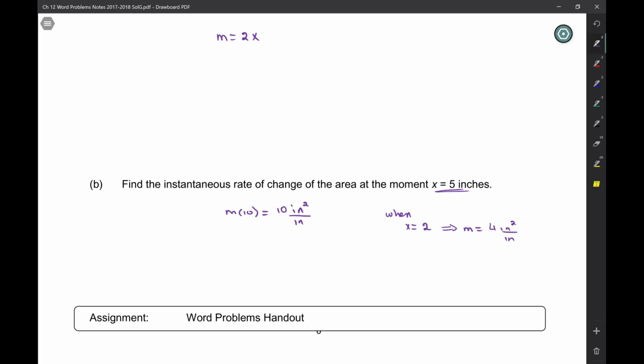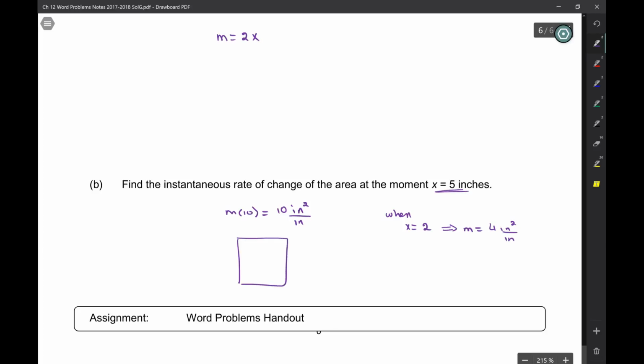When x is equal to 2, it's increasing at a rate of 4. What does that mean? Let's draw some squares here. When they're 5, it's increasing at a rate of 10. When the sides are 2, it's increasing at a rate of 4.